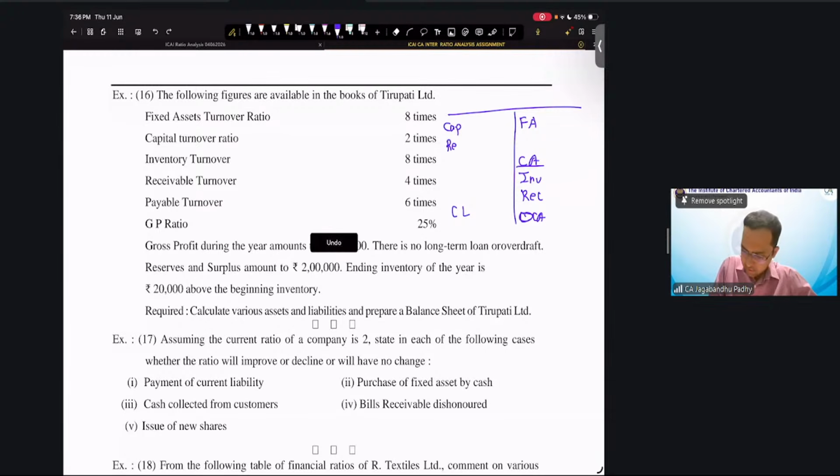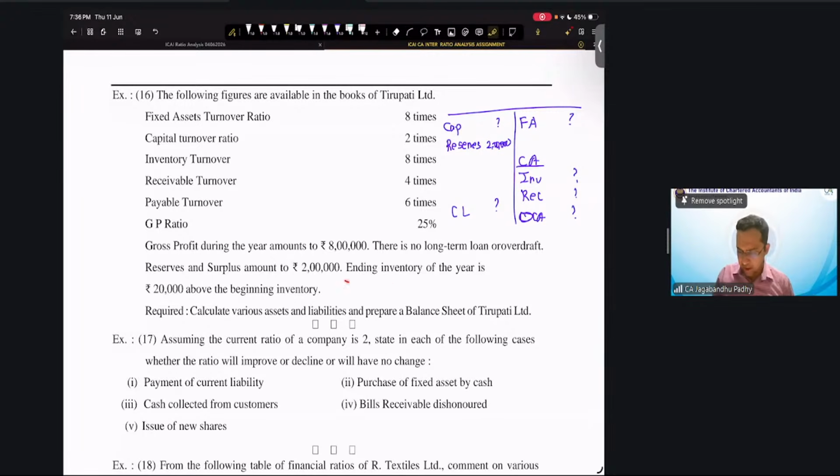I'll just keep it as reserves. So we'll need capital, reserves, current liability, fixed asset, inventory, receivables, other current assets. There is no long-term loan. Reserves and surplus is given to us as 2 lakh.